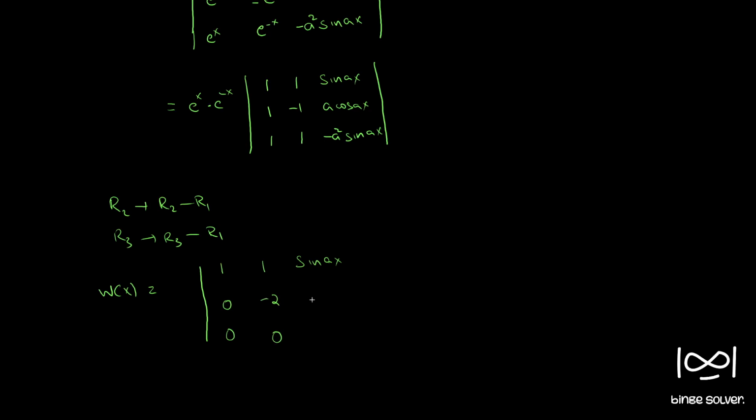So a cos ax minus sin ax, and this term is minus a square sin ax minus sin ax.